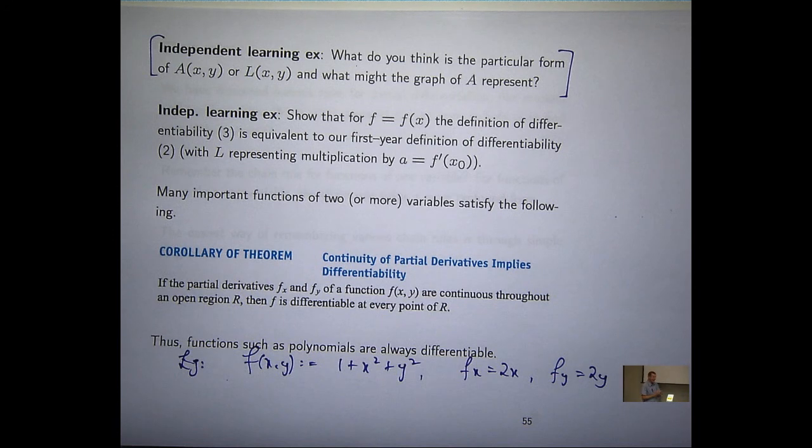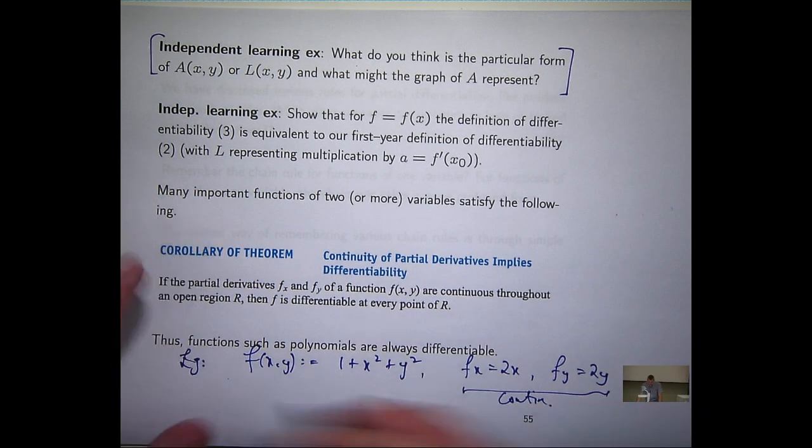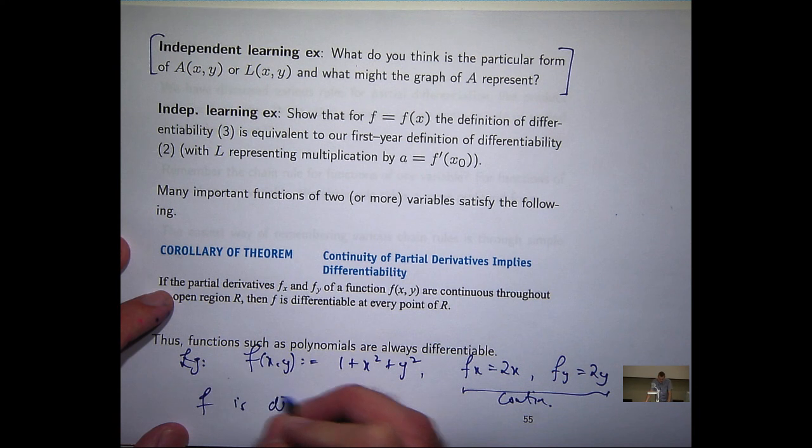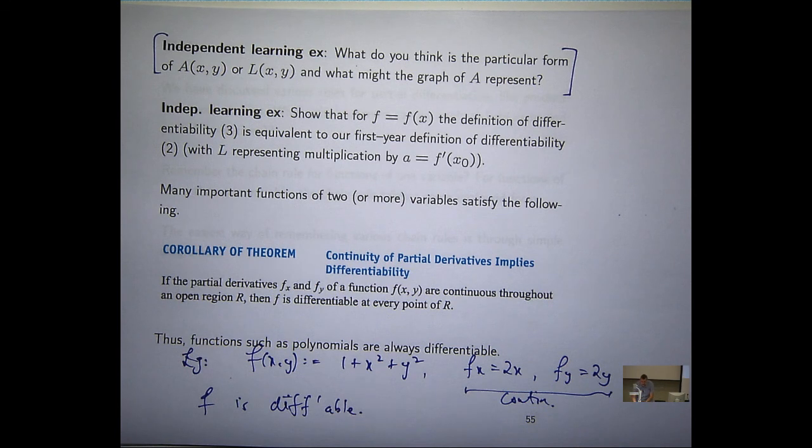So therefore, 1 plus x squared plus y squared must be a differentiable function everywhere, for all x and all y. Okay? Sometimes, instead of differentiable, I write diffable, just to save a bit of space.